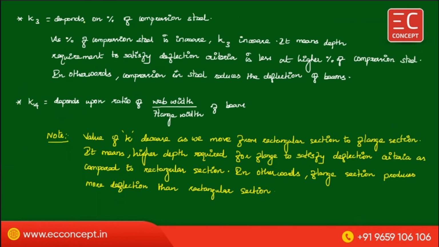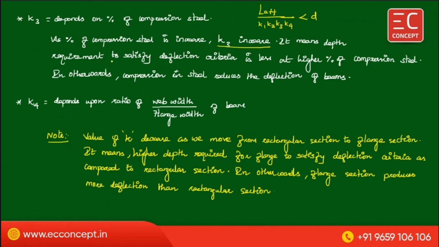Next one is K3. K3 depends upon compression steel. Here, as the percentage of compression steel increases, K3 increases. Meaning L effective divided by K1, K2, K3, K4 is less than D. So K3 increases as the percentage of compression steel increases, and because K3 increases, the depth will be reduced.